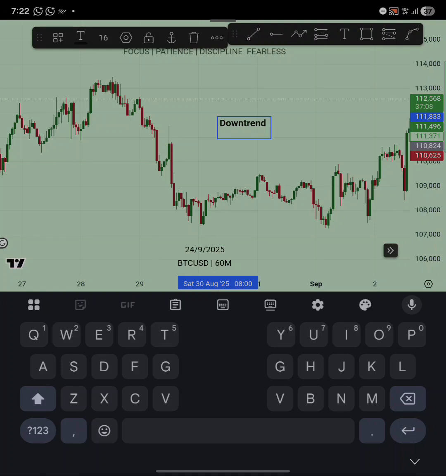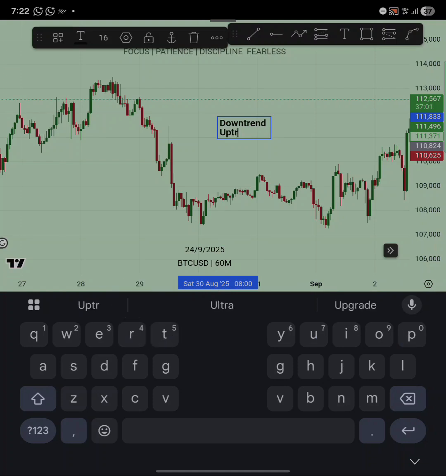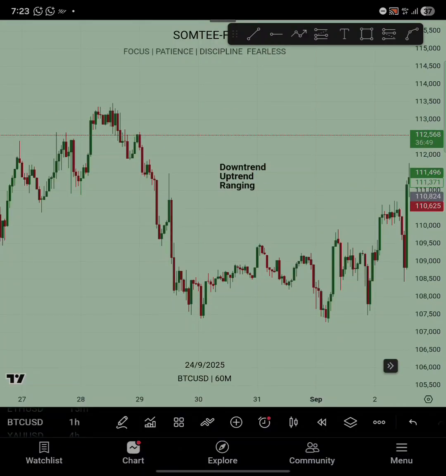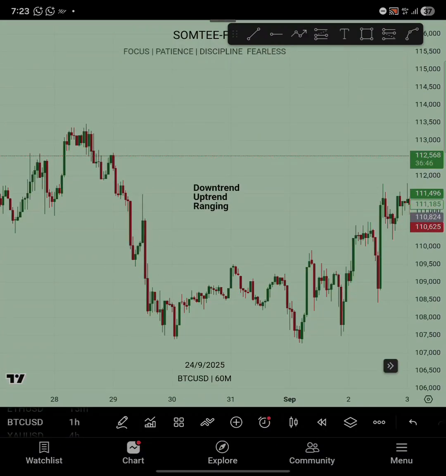You have a downtrend, an uptrend, ranging. These are the only three ways the market can move. The three ways that I just listed here are the only ways the market can actually move. It can move in an uptrend, a downtrend, or a ranging market.